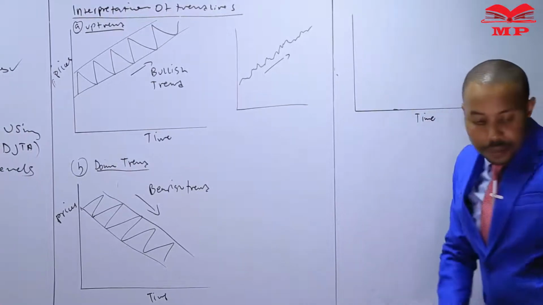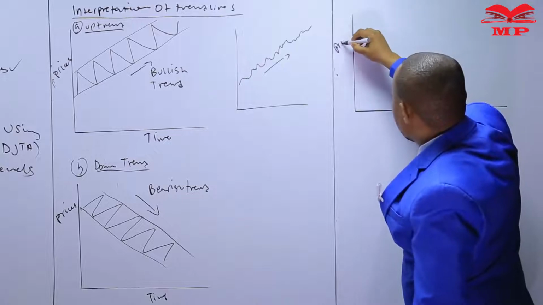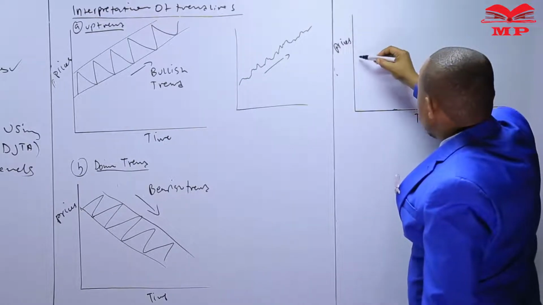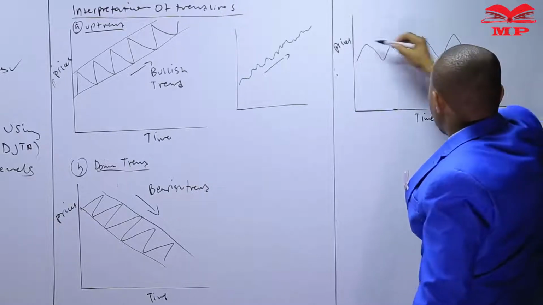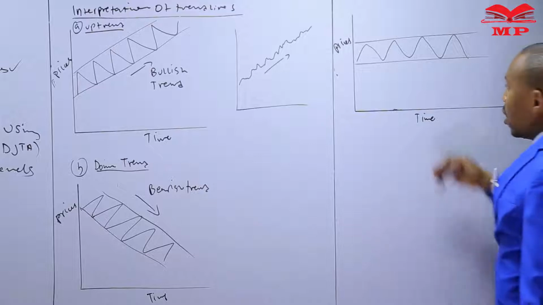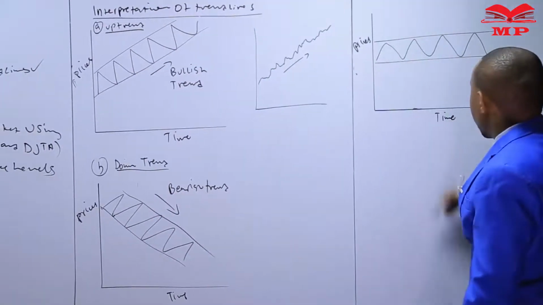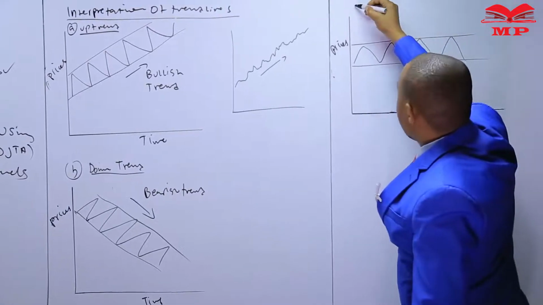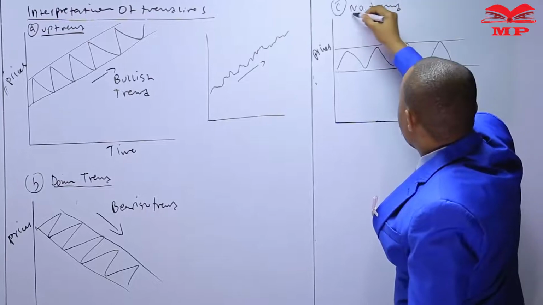Time, like that. This is prices. So we're saying if the trend moves like that, then we don't have any movement in any particular direction. It's neither moving in a bullish trend, nor in a bearish trend. So you can say here, C, no trend.